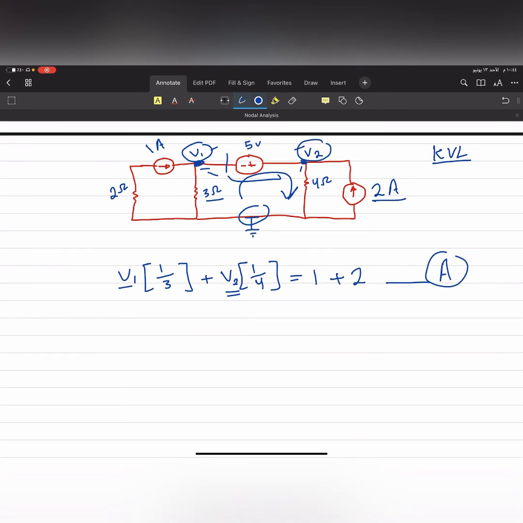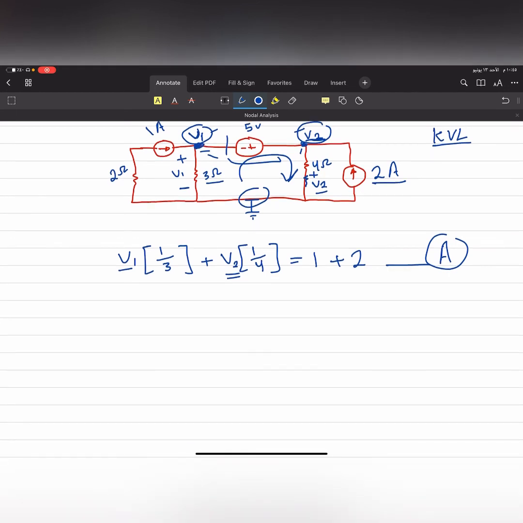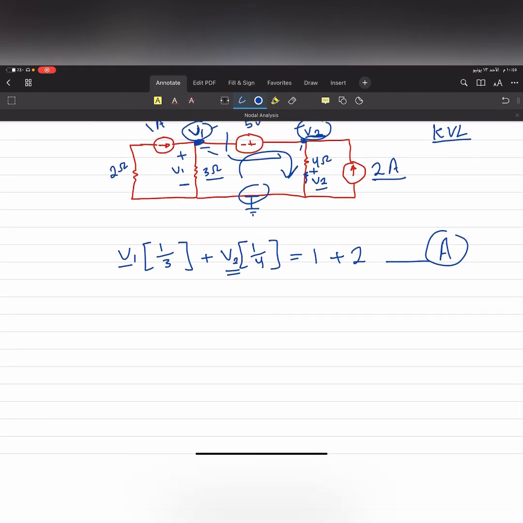I said just before that since this one is V1, that means this one is also V1. And this one is V2, that means this one is also V2 across the resistance, of course. So you can go around a loop. Entering as a negative: minus V1 minus 5 volts plus V2 is equal to 0.